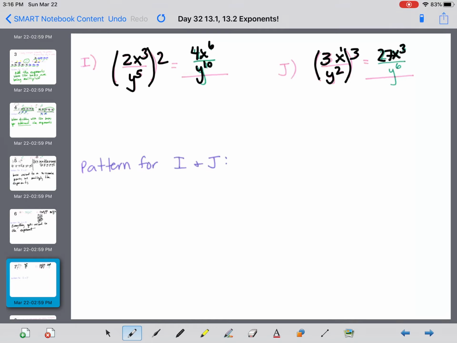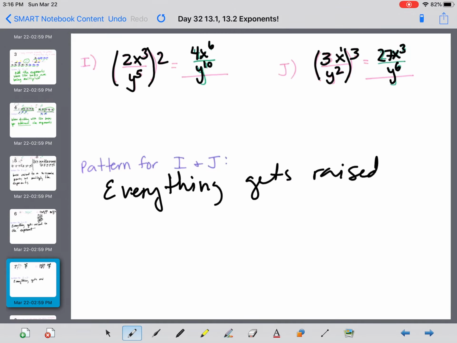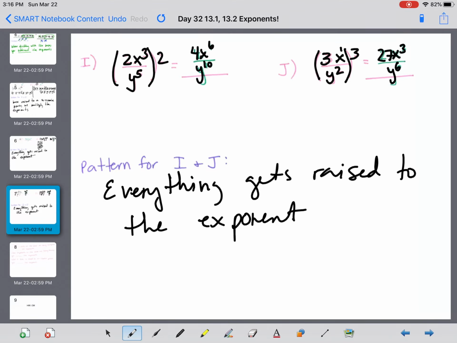So this would be 2 times 3, which would give an exponent of 6 on the y. So I don't have anything exciting to say for the pattern here, other than everything gets raised to the exponent. Just like we did with G and H, it just happens to have a numerator and a denominator.